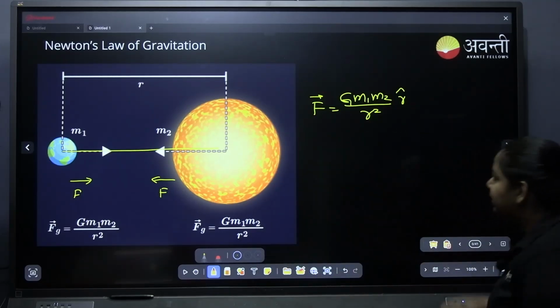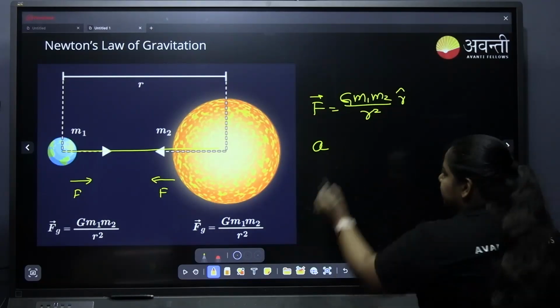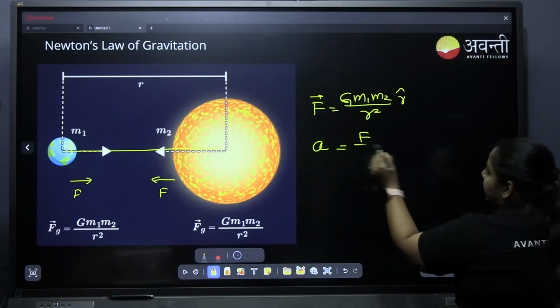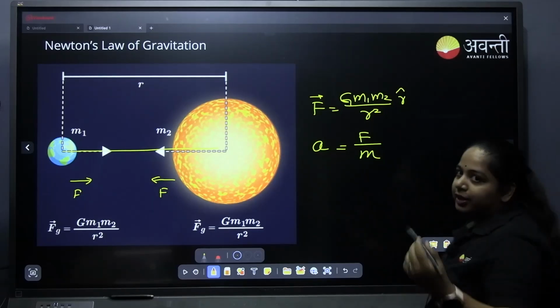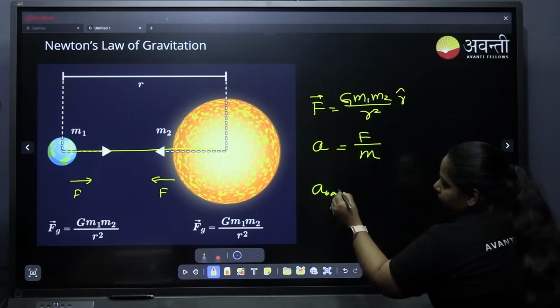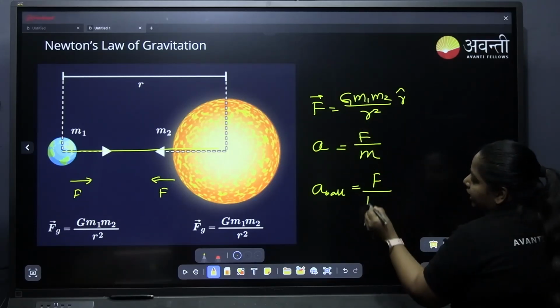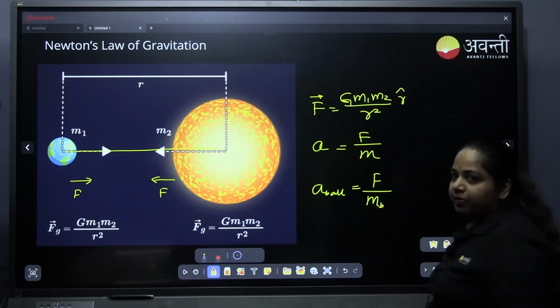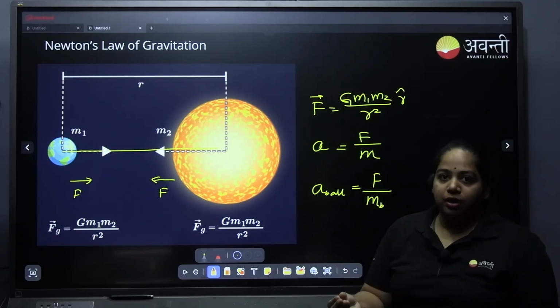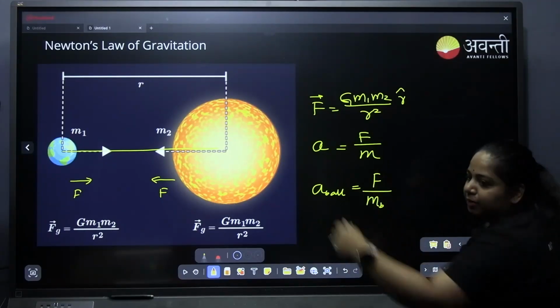Okay, the reason is acceleration. Acceleration is equal to force divided by the mass of that particular object. If you take the acceleration of the ball, that will be force divided by the mass of the ball. Mass of the ball is very small, so we can say that acceleration is very big.